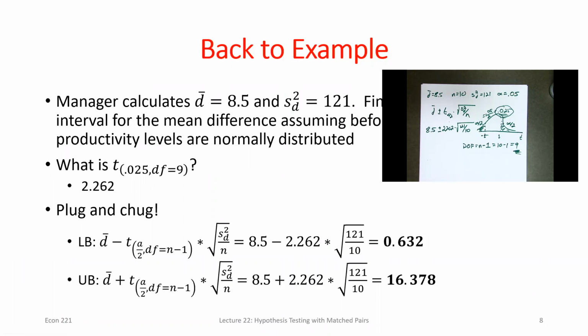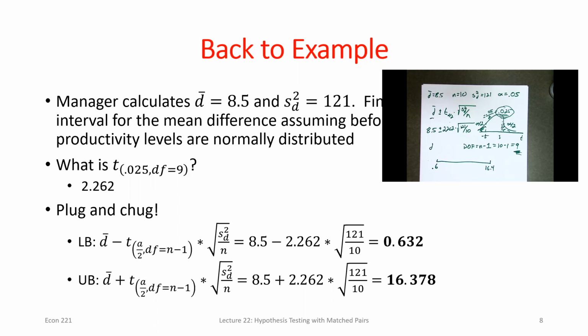So pretty wide range, but still an interesting range, because I'm going from 0.6 to about 16.4. I'm saying that the true difference, because I had a sample difference, is somewhere in this range. All these are positive values. So at the 95% confidence level, what can I say happened to productivity from this change in workstation layout?